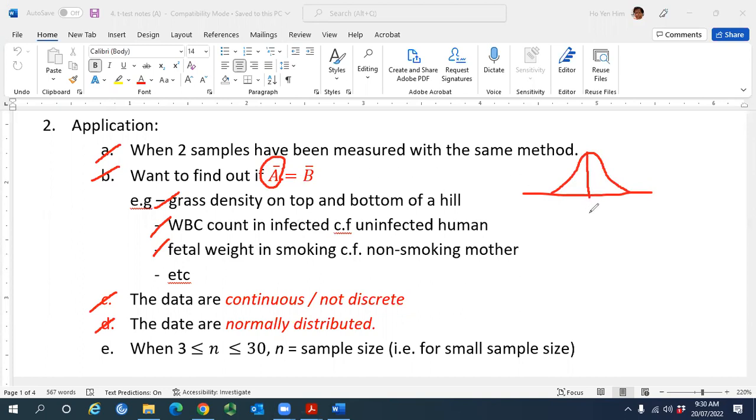So this is the mean of A. So the rest of the data are distributed normally around the mean of A. Okay. So t-test will only be used when the total sample size is between 3 to 30. That means you must have a minimum of 3 readings, maximum 30. So this is for t-test.